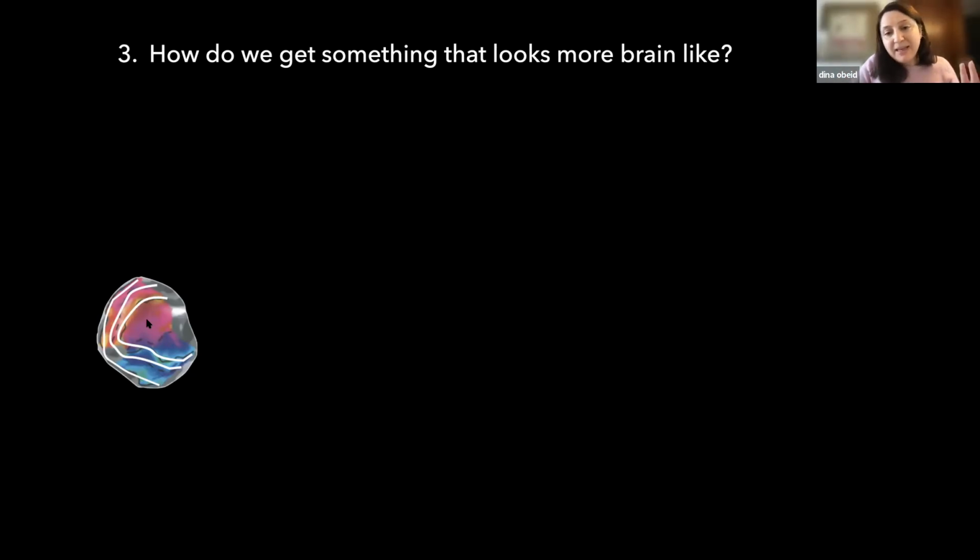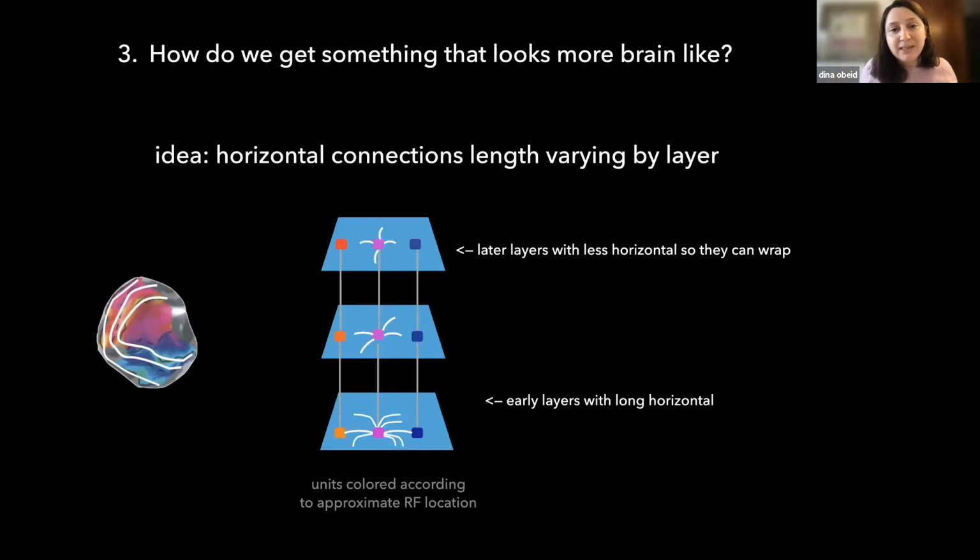So we said, okay, let's try something. Let's try to have horizontal connections and have the length of the horizontal connections vary by layer. And I have it become less as we go up, because I just want to have the top layers have the ability to wrap around the center layer without putting a lot of cost on this wrapping happening. So I'm going to allow it to do this.